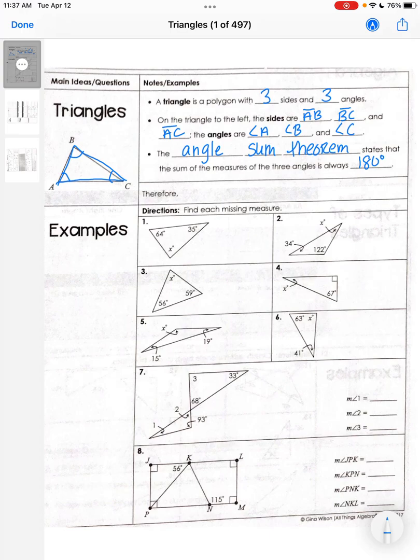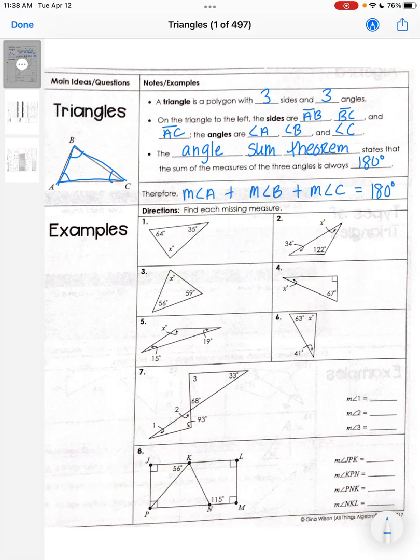So that means when you add your 3 angles together, so if you were to add angle A plus angle B plus angle C, it is going to equal 180 degrees. Okay, so the measure of angle A plus the measure of angle B plus the measure of angle C equals 180 degrees. So when you add them together, they literally cannot be bigger than 180 degrees.